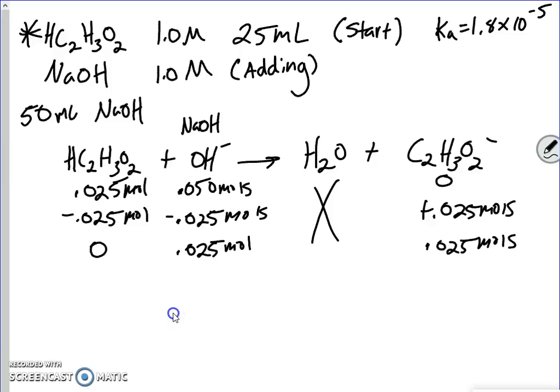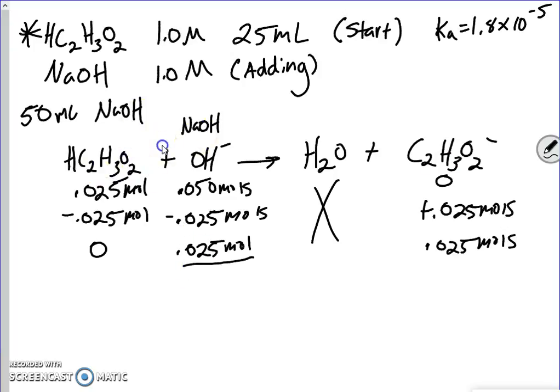The answer is like it always has been, the stronger one. Sodium hydroxide is a strong base, whereas our conjugate base is a very weak base. So the sodium hydroxide is controlling our pH, so it's the one we're going to use. We're going to pretty well ignore the acetate ion and work with the sodium hydroxide only.